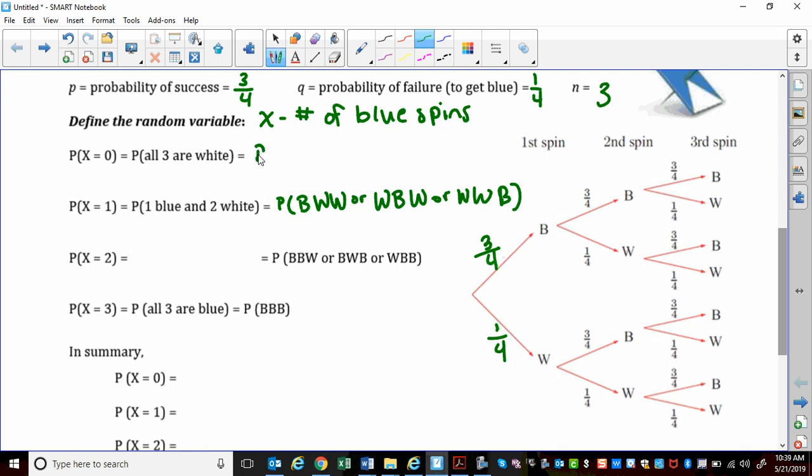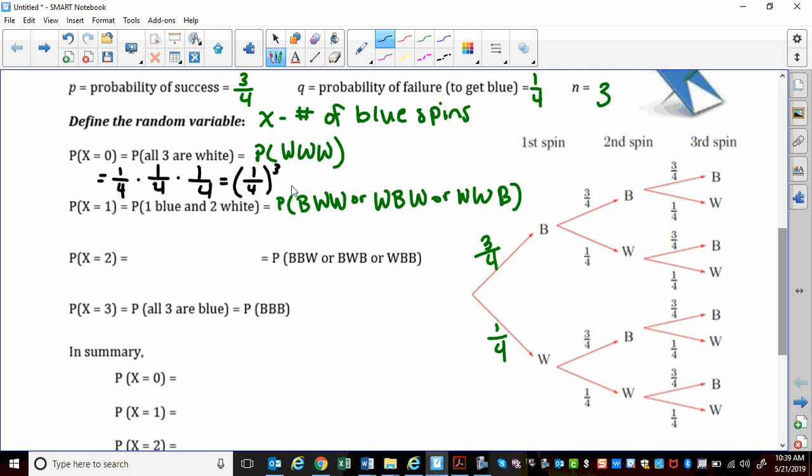So the probability of white, white, and white, because we're spinning it 3 times, is 1/4 times 1/4 times 1/4. And this is 1 over 4 cubed, right?